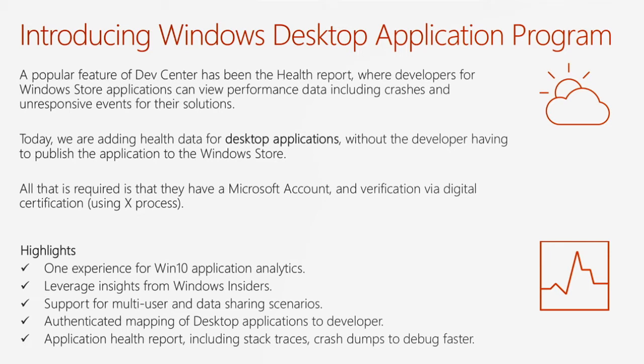But we will now be able to share telemetry that we have internally at Microsoft, bring it in an authenticated way to those developers that sign up within Dev Center. It's free. They'll now have one experience for managing both their modern and their desktop apps. So I'll take you through some screenshots of this, and then I'll explain to you when we're going to go live.